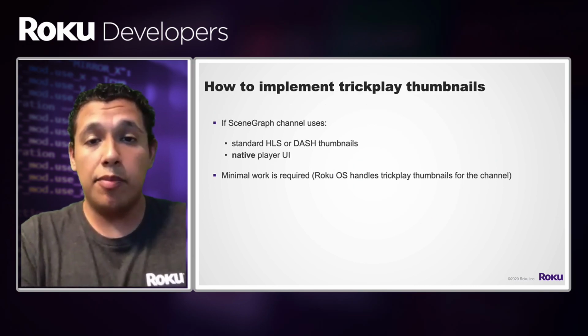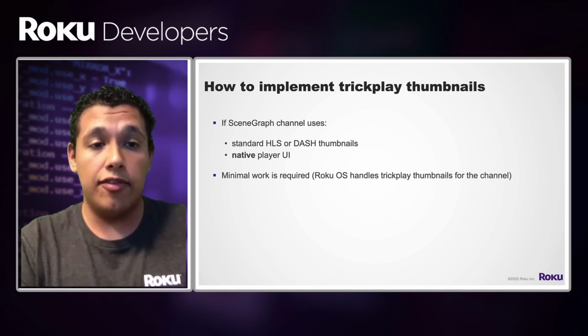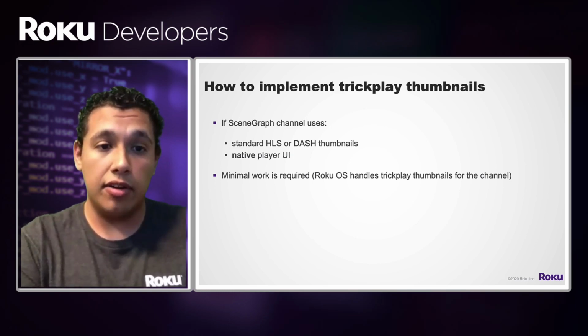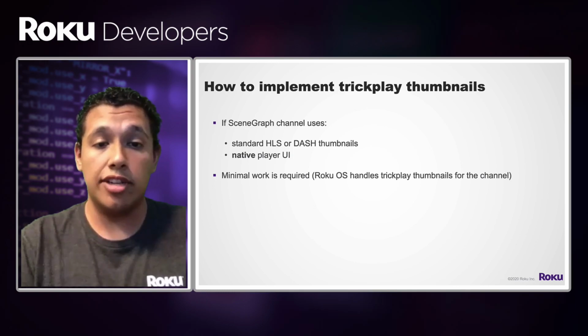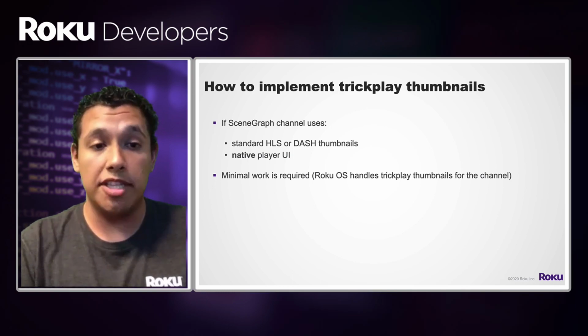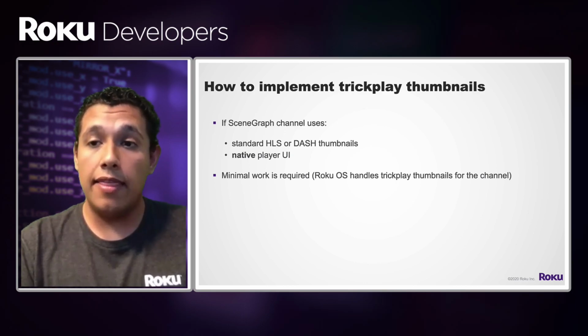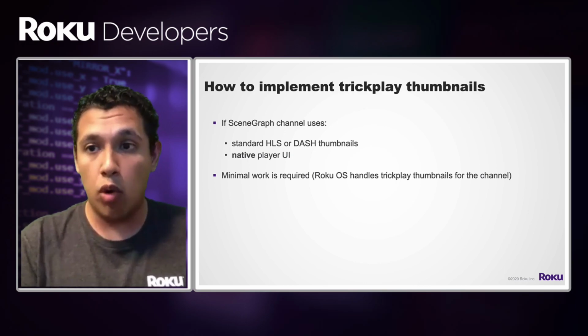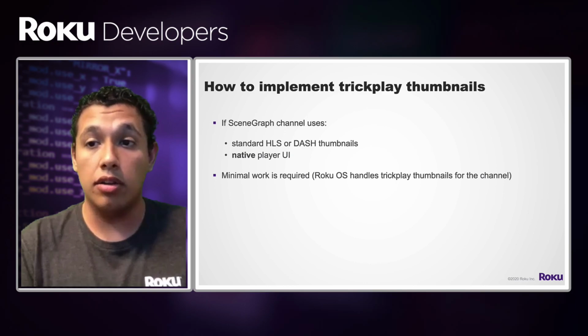So how to implement the Trickplay thumbnail. If you have a scene graph channel that is using the HLS or Dash thumbnails implementation, and you're working with the native player UI, then there's very minimal work that needs to be done on the channel developer's part.